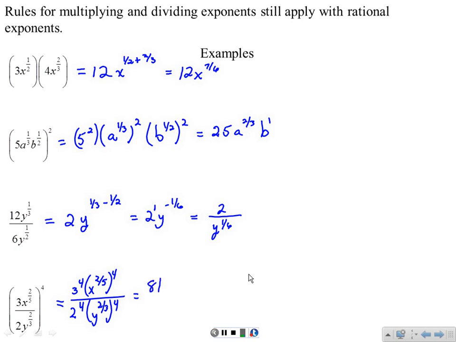And then x to the 2/5 to the 4th power is going to be x to the 8/5. And then 2 to the 4th power is going to be 16. And then y to the 2/3 to the 4th power is going to be y to the 8/3. And I don't think any of that will simplify, so that's going to be your answer.